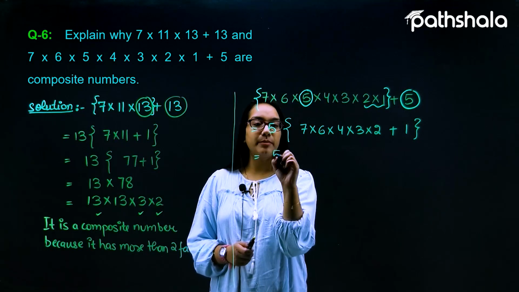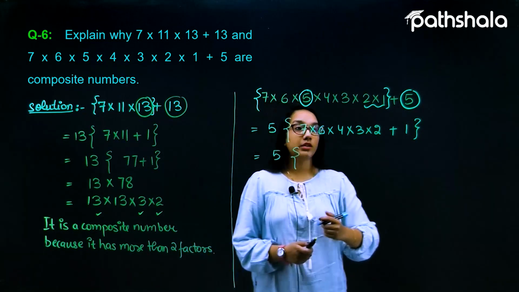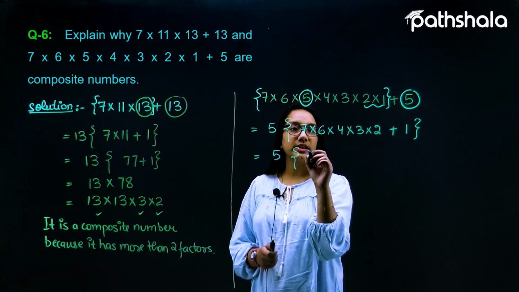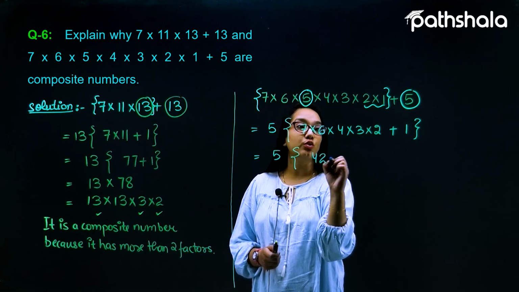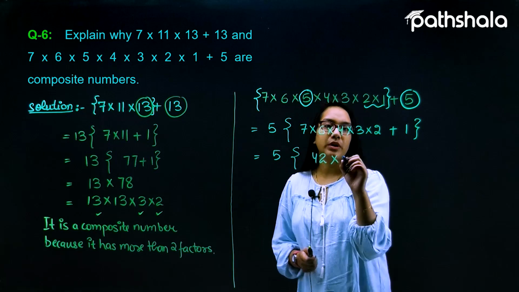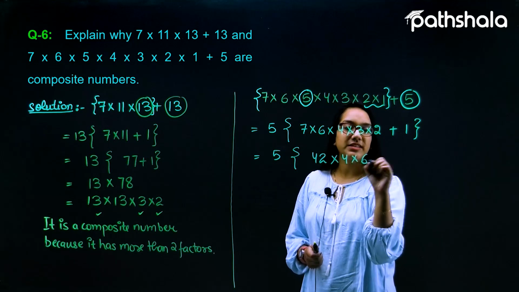Let us multiply all these numbers again. We get 7 into 6, which is 42, into 4 into 3 into 2, which is 24, plus 1.